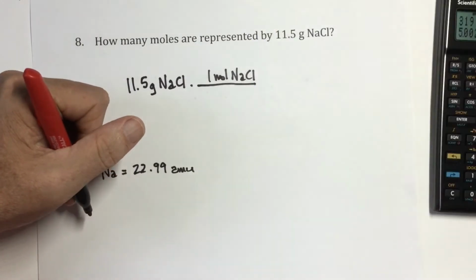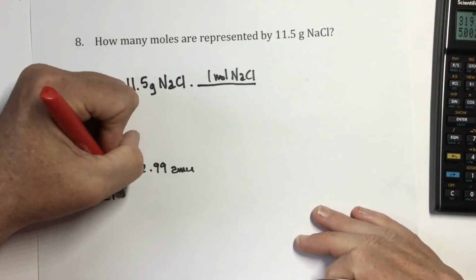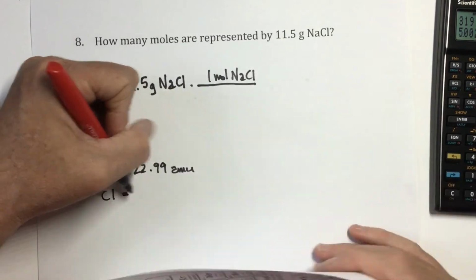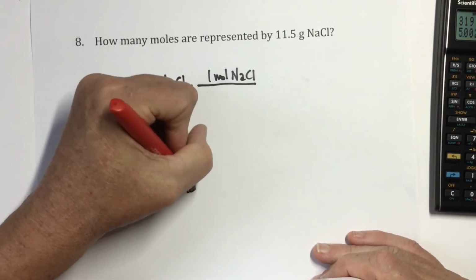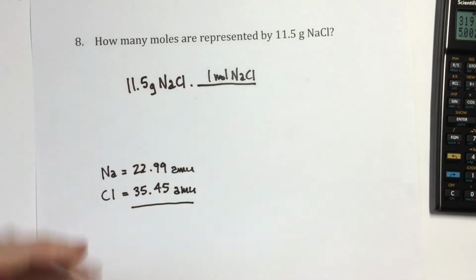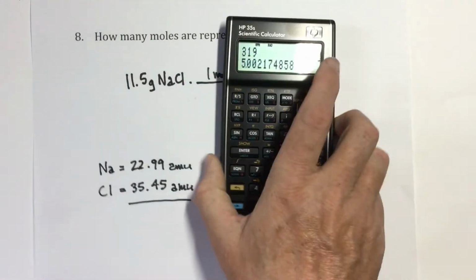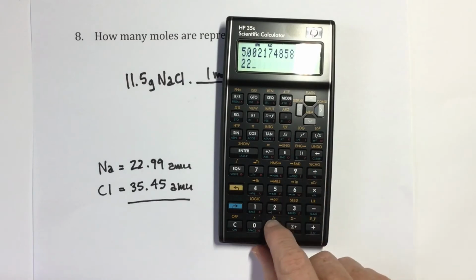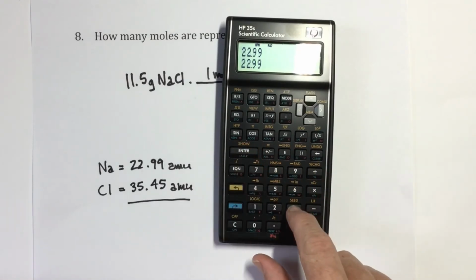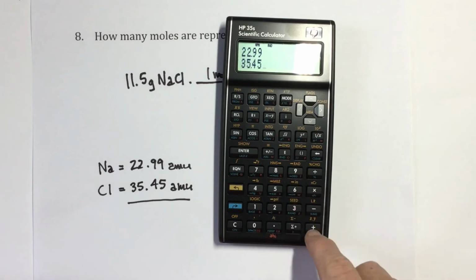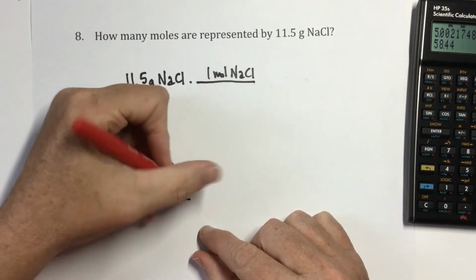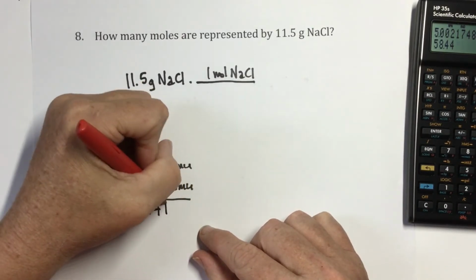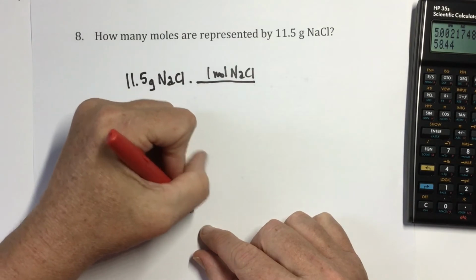Chlorine has an atomic mass of 35.45 AMUs for a grand total of, let my calculator do that for me, 22.99 plus 35.45, 58.44 AMUs.